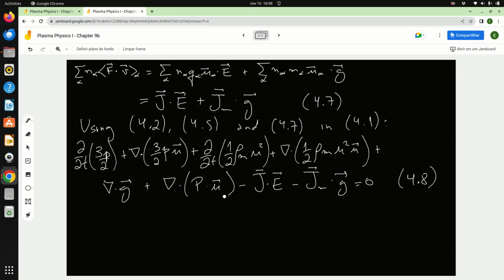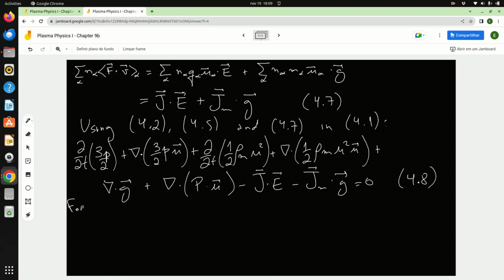We still need to do a few arrangements. If you check the terms 3 and 4, this is the derivative of a product of functions of t, and the same for the divergence. We can use the product rule of derivatives. The derivative of a product is the derivative of this times this, plus this times the derivative of this.